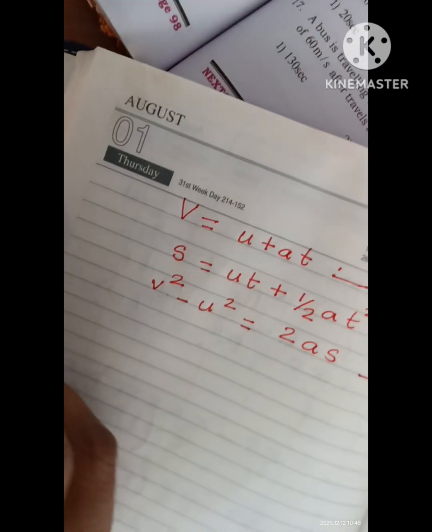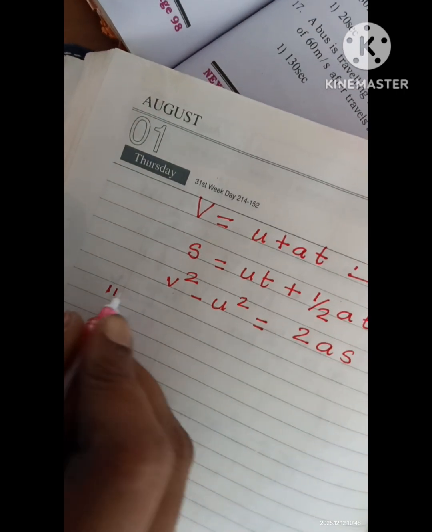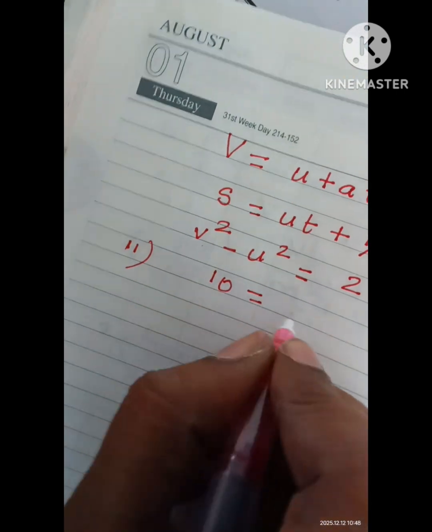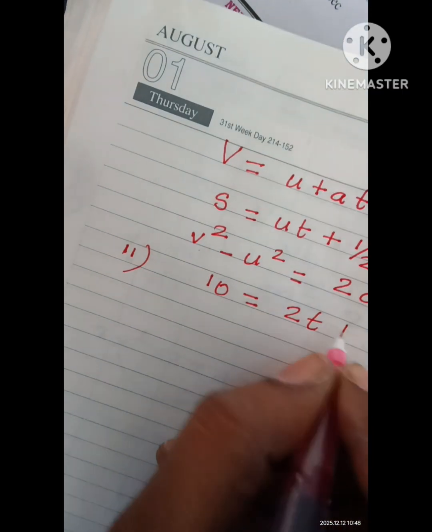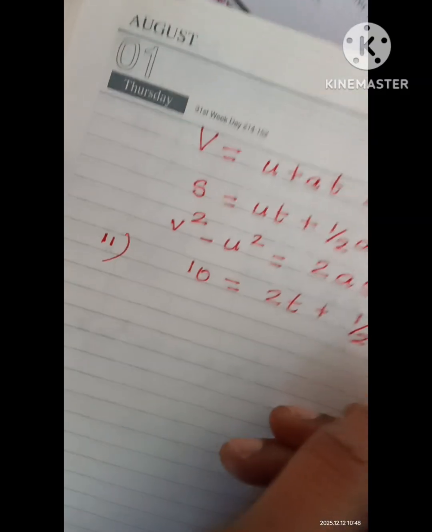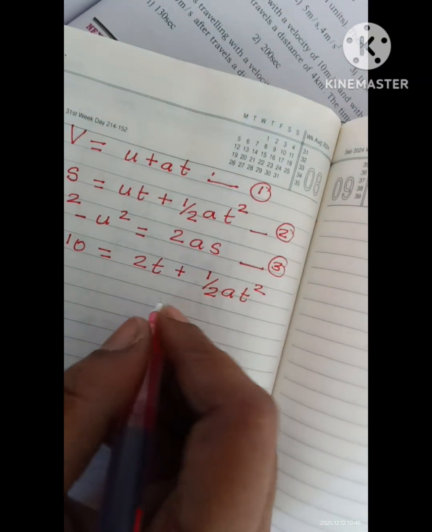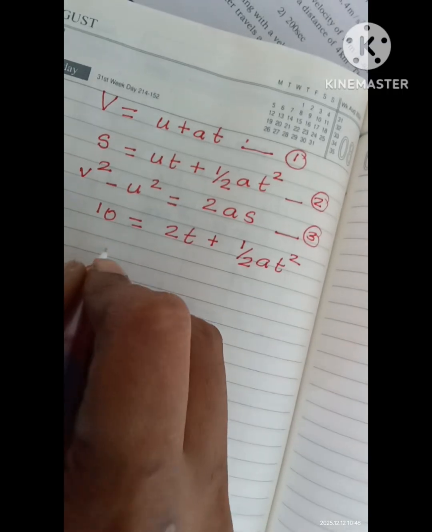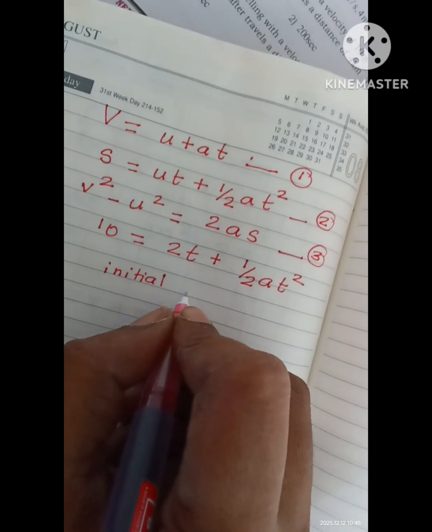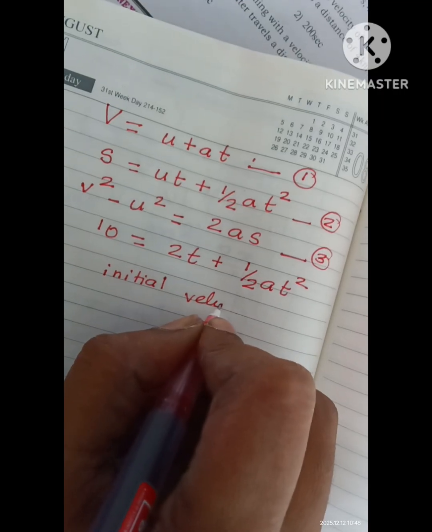Now let's see the 11th sum. In 11th sum, what is given? 10 is equal to 2t plus half a t square. So using this, we have to calculate initial velocity.